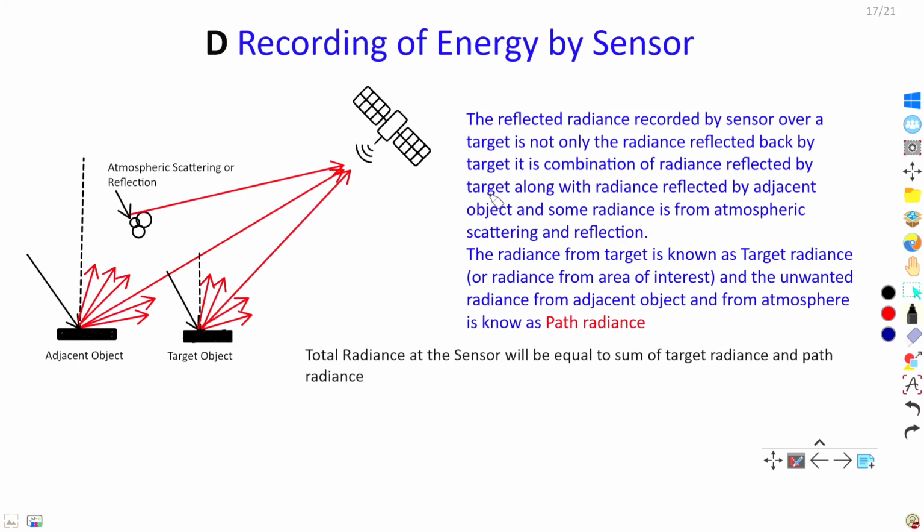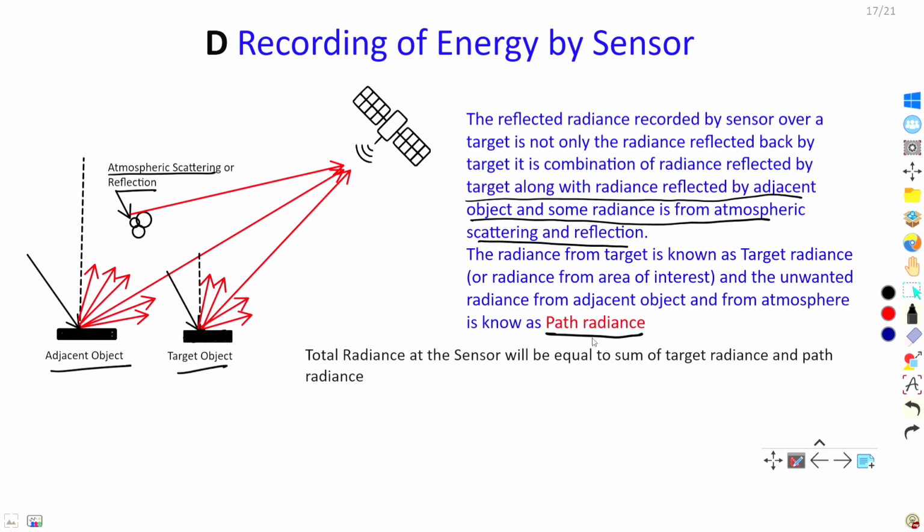So the reflected radiance recorded by the sensor is not only the target radiance. It is a combination of radiance reflected by the target along with the radiance reflected by adjacent objects, and some radiance from atmospheric scattering and reflection. The atmospheric scattering and reflection and adjacent objects are both termed path radiance, because these are unwanted radiance that arrive along with the target radiance.